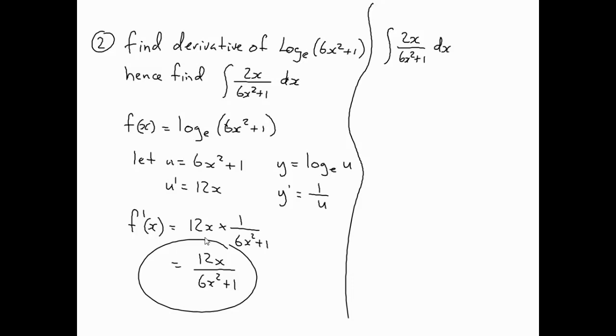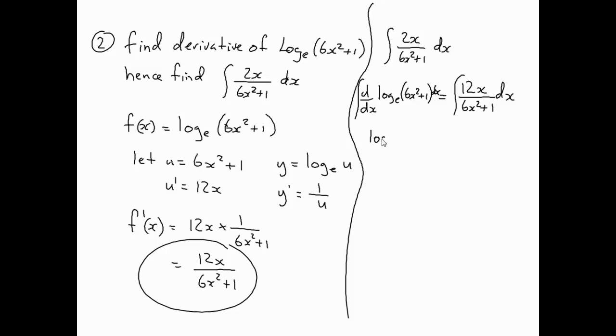Well, let's see, what did we find? We found that the derivative with respect to x of log e of 6x squared plus 1 equaled 12x over 6x squared plus 1. Let's take the antiderivative of both sides. That kind of looks close to what we're looking for, but it's not totally the answer.